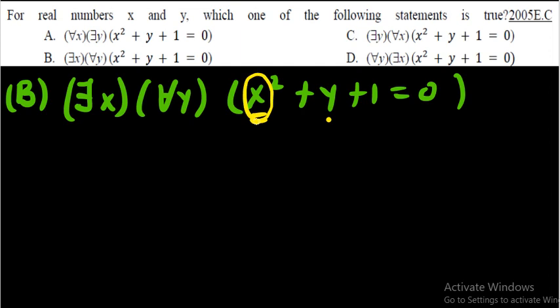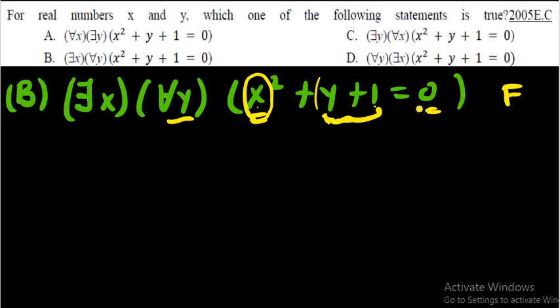This number must be fixed. That fixed number plus whatever y you take, plus 1, the sum must be 0. We cannot find it. It is false because there is no fixed number x which will be added with any real number y plus 1.